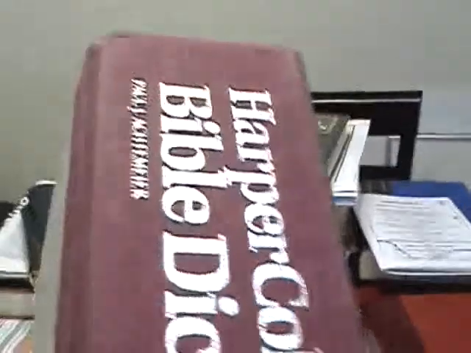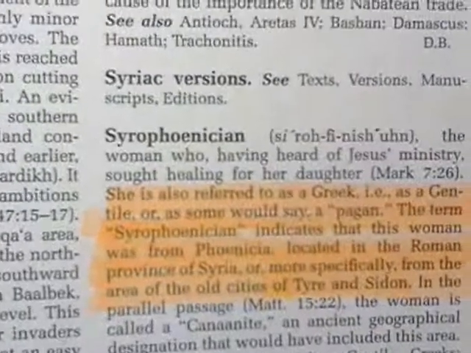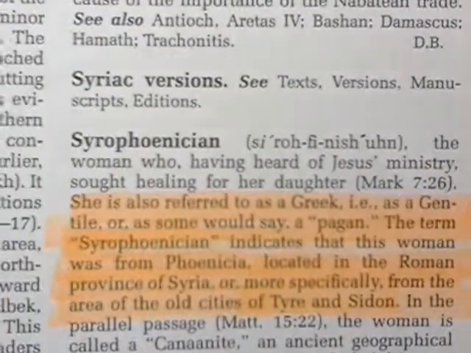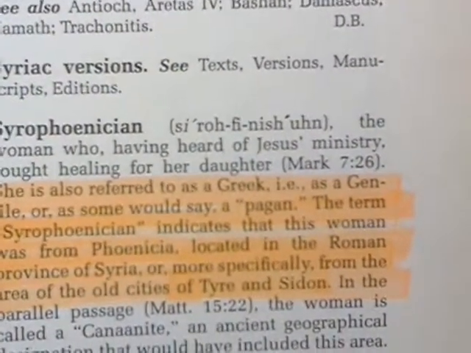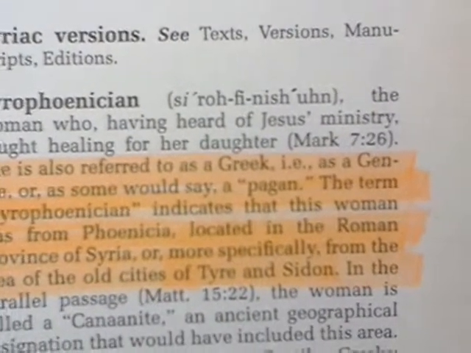Now let's go to the HarperCollins Bible Dictionary. Once again, we go read the word Syrophoenician. It says, she is also referred to as a Greek, therefore as a Gentile, or as some would say a pagan.